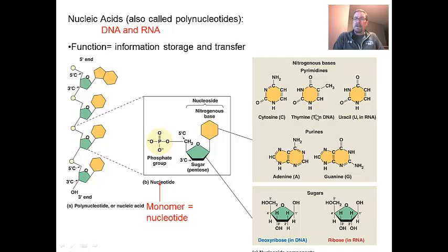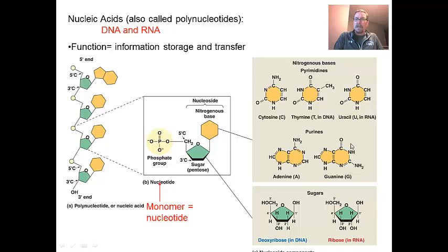You have pyrimidines and purines. Uracil, of course, is in RNA, not DNA. That's one of the things that separates them, besides the fact that in deoxyribose, you can see the other differential here is there is a missing hydroxyl.